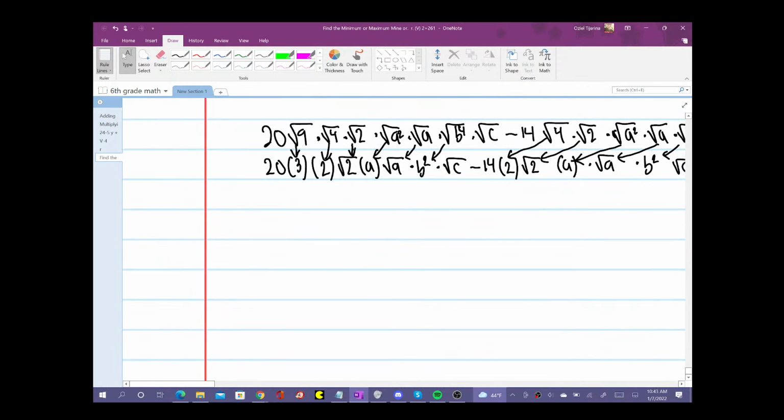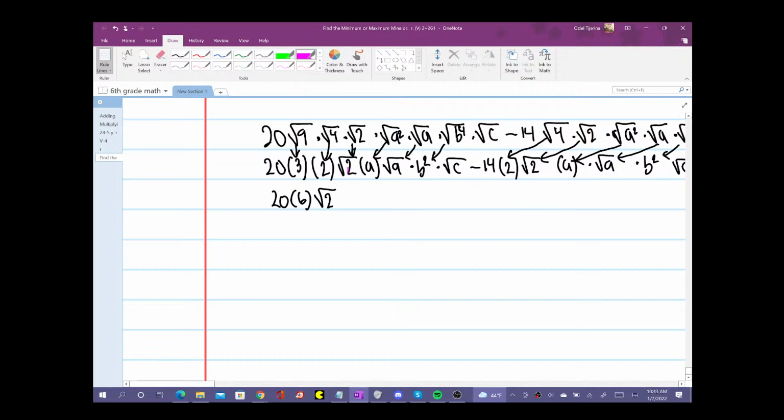So now we are left with 20 times 3 times 2, that's 20 times 6 times the square root of 2. We're going to bring all the square roots together.